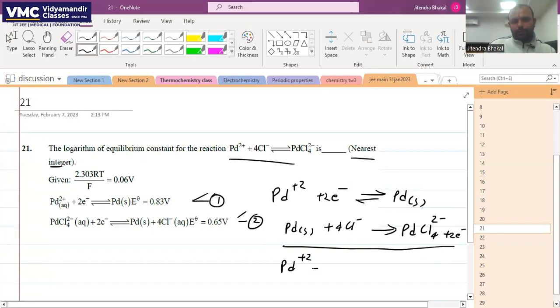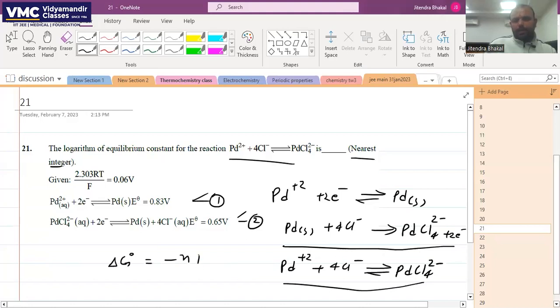Pd plus 2 plus 4Cl minus gives PdCl4 minus 2. Now we cannot use E naught directly, because E naught value is not additive in nature. So we cannot directly add E naught. We can find delta G naught, which is minus nFE naught. n is the number of electrons, F is Faraday's constant, and E naught the value.